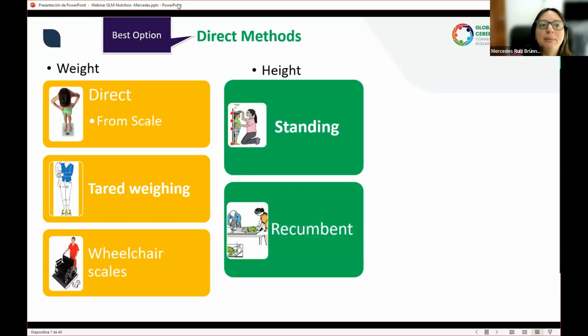When we measure height, the regular way is standing, but in children with CP, sometimes it's difficult to measure. So it's also possible to measure a reconvert height that could be measured even in children older than 2 years old.